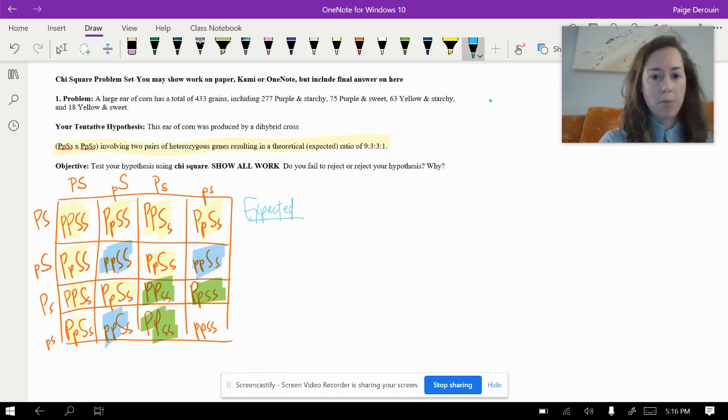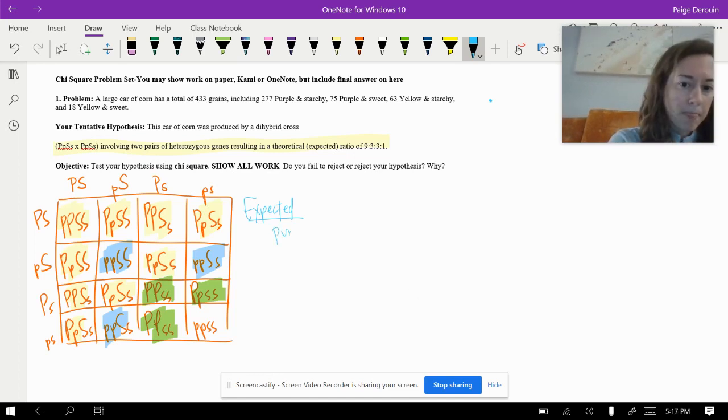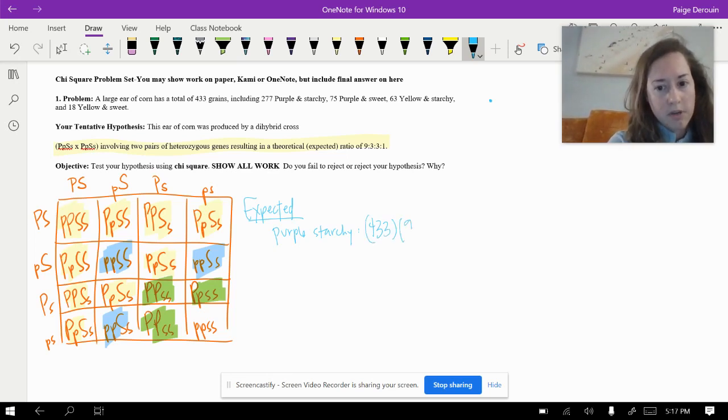So for our purple and starchy, you would expect 433 times 9 out of 16. For your purple sweet, you would expect 433 times 3/16.